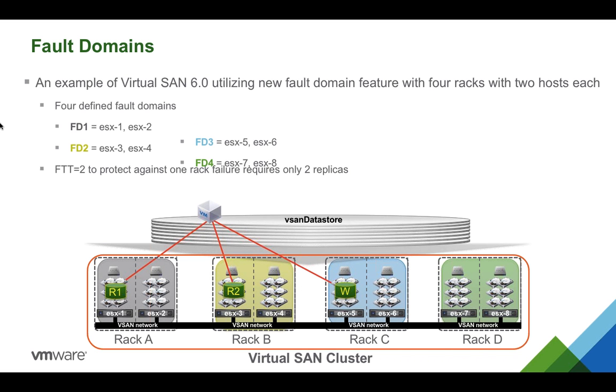Now, the impact of implementing the same type of policy on a Virtual SAN cluster that is using fault domains is that it reduces the amount of data that is consumed, because with fault domains, you can actually guarantee onto which nodes the components of a particular virtual machine's object will be replicated.